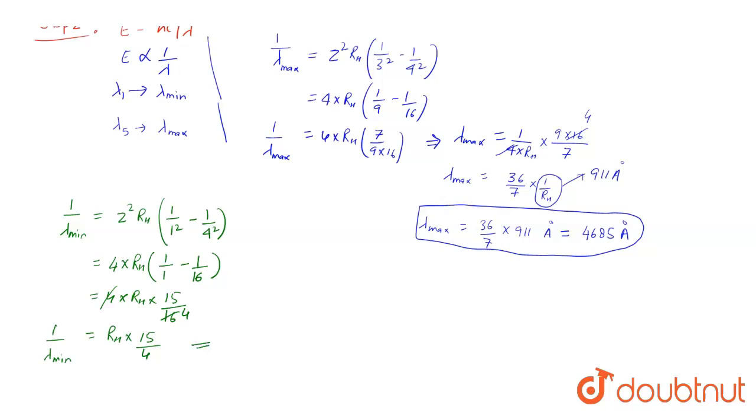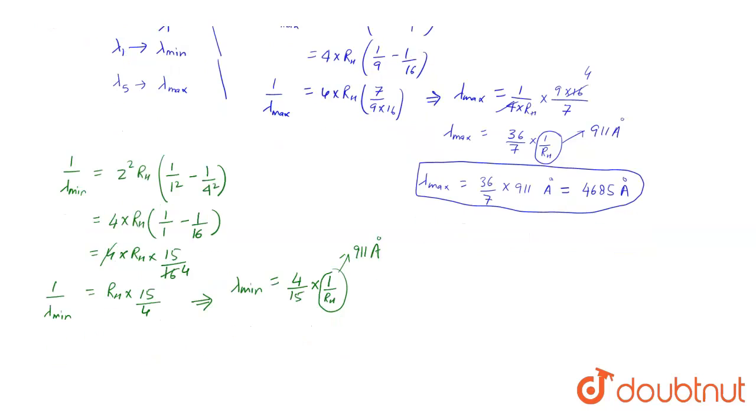From here we can calculate lambda minimum is equal to 4 by 15 into 1 by RH, and 1 by RH is 911 angstrom. Then its value will be lambda minimum is equal to 4 by 15 into 911 angstrom.